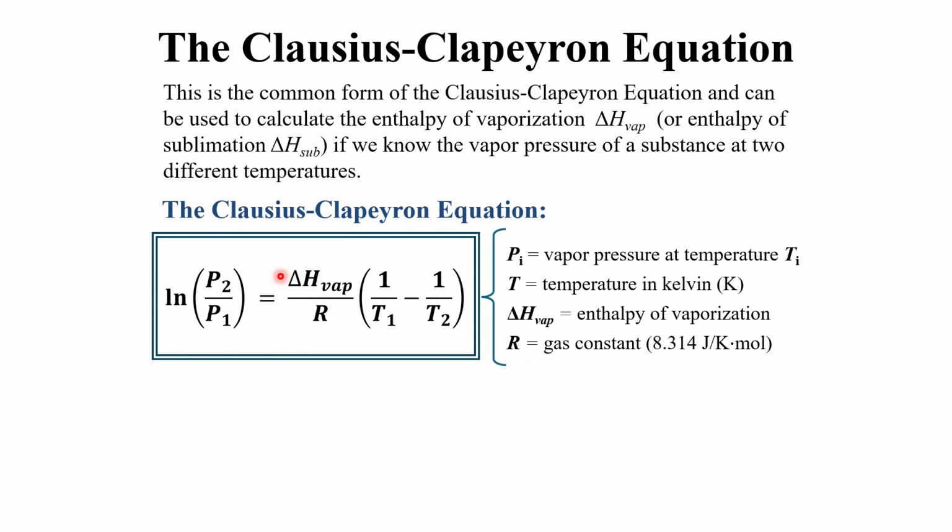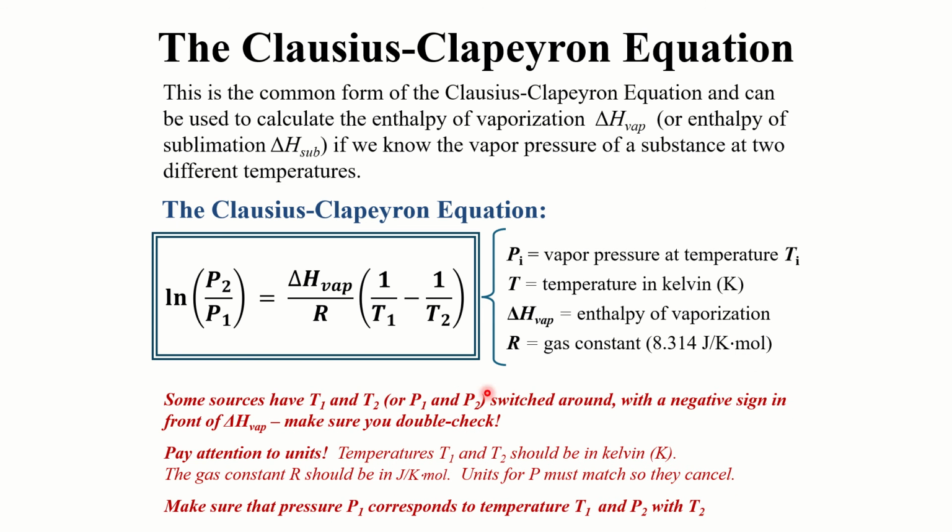This is called the Clausius-Clapeyron equation, and it can be used to calculate the enthalpy of vaporization if we know the vapor pressure of a substance at two different temperatures. So again, P is vapor pressure, T is temperature in Kelvin, delta H vaporization is that molar enthalpy of vaporization, and R is the ideal gas constant, which here is 8.314 joule per K mole.